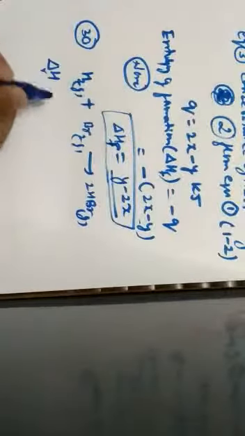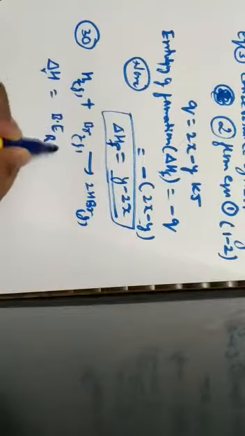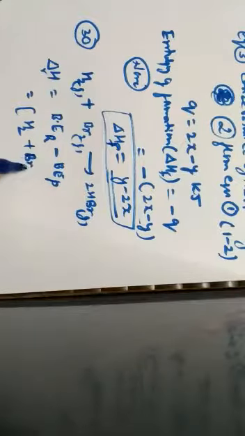So delta H naught for the reaction can be calculated as the bond energy of the reactants minus bond energy of the products. So bond energy of the reactant is energy of hydrogen plus energy of bromine, minus 2 times the energy of HBr.